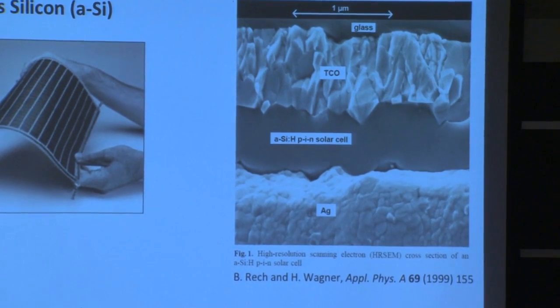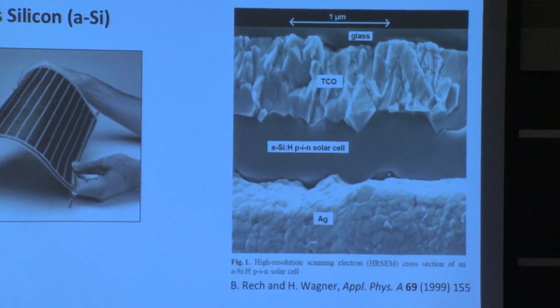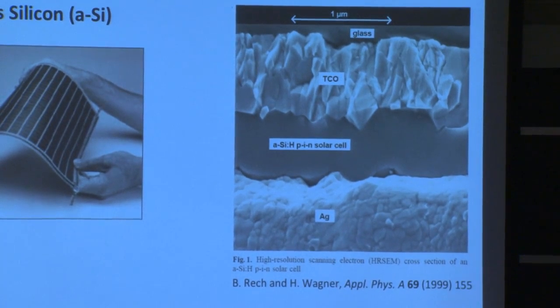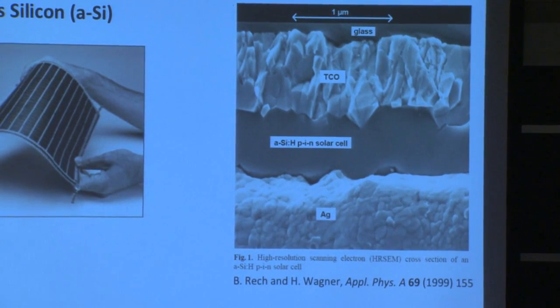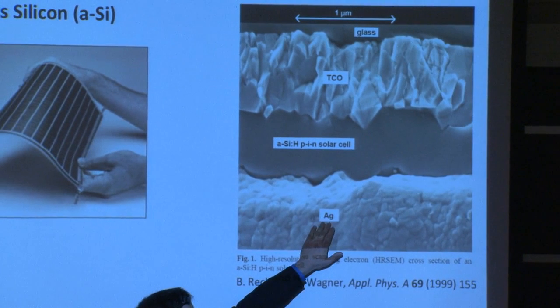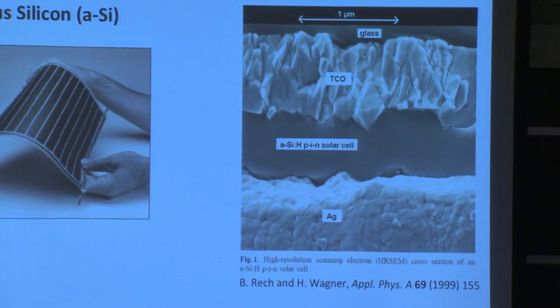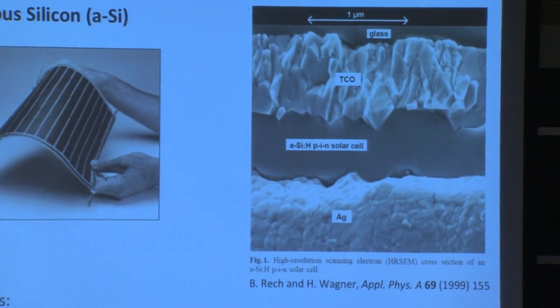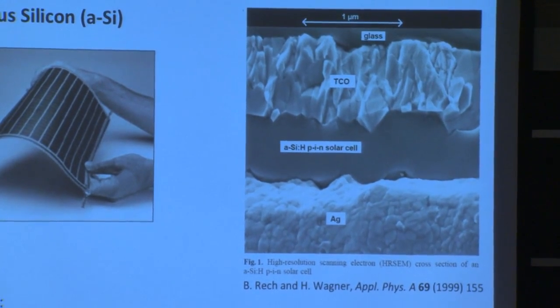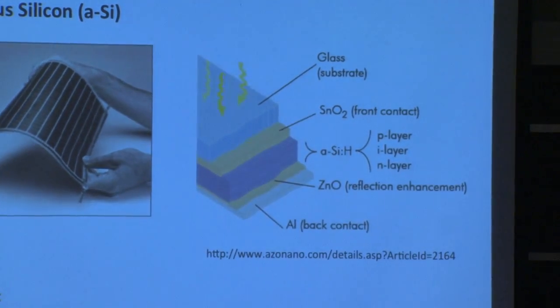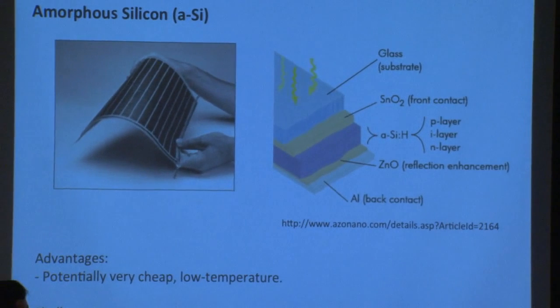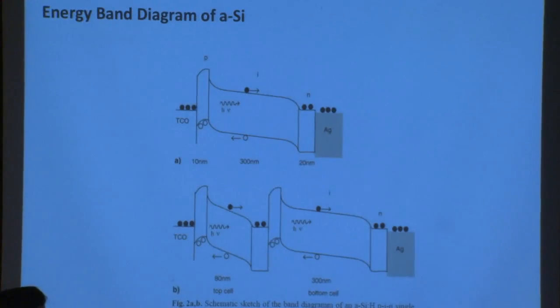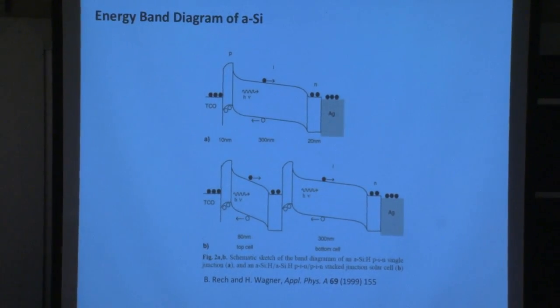The I layer in between is an intrinsic layer, meaning lightly doped. And we'll see the band diagram on the next slide. The silver contact on the back here extracts the charge from the backside. So this is an example of the amorphous silicon technology. Again, another cross-section, just for your reference, showing the stack there. OK, the PIN device architecture.